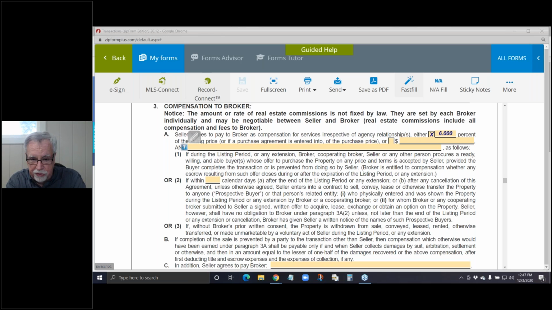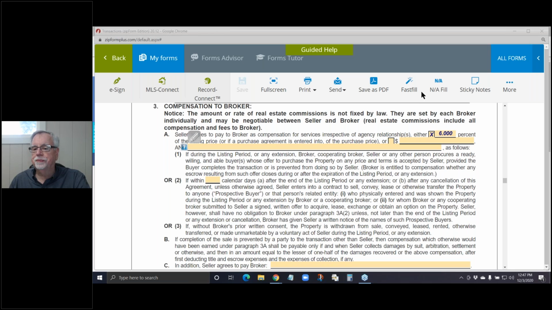Most of the time there's nothing written in, but if something weird is going on, like you don't get as much if you double end it, or you get more if it's above a certain price, then that would be a place to put it in. Thoughts on offering a higher commission if sold over a price? I don't generally get into that.